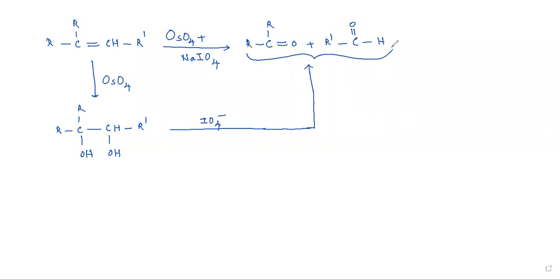So with Lemieux-Johnson reagent, we get a syn hydroxylation product because of this osmium tetroxide, and then because of the periodate, the bond undergoes cleavage to form a ketone and an aldehyde. Okay, that's it.